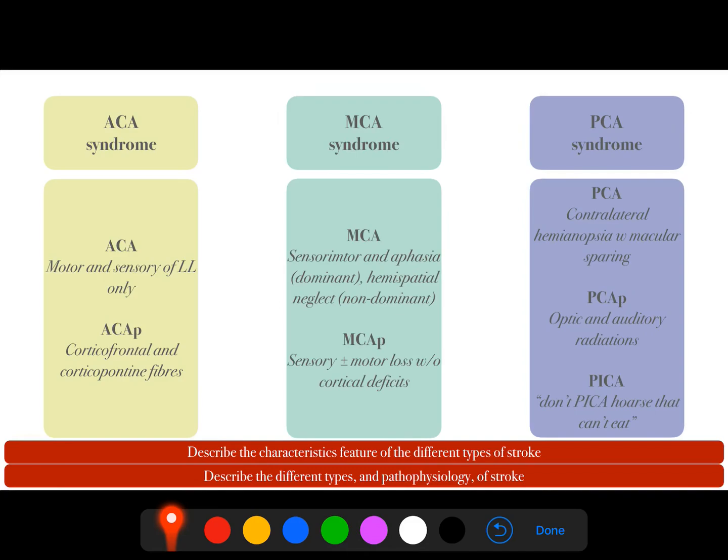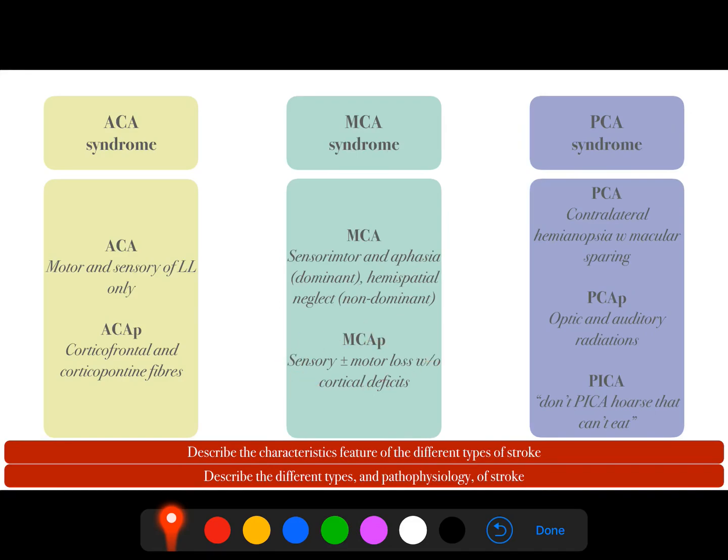If your non-dominant hemisphere is involved, the classic sign is hemispatial neglect. Okay, so right-handed person, 90 to 98% chance that you will be left hemisphere dominant. So if there's a right MCA infarct, then you're going to have hemispatial neglect contralaterally, so the left visual field. You're not shaving, you're bumping into things, you're not getting dressed on that side.